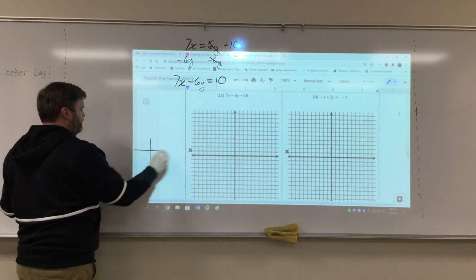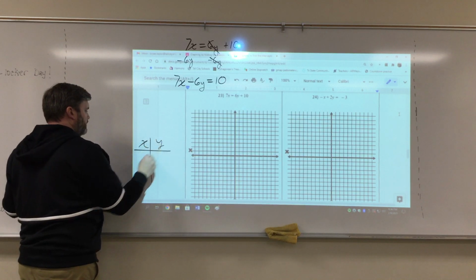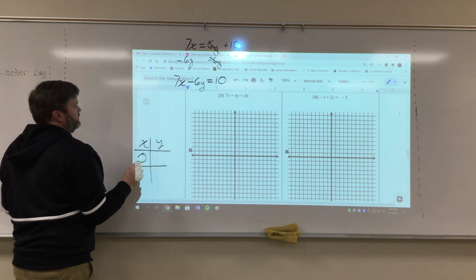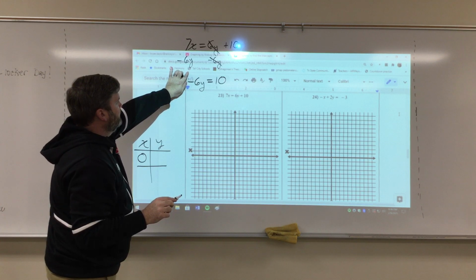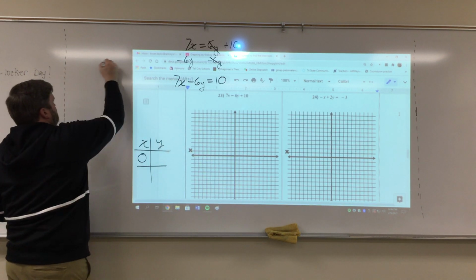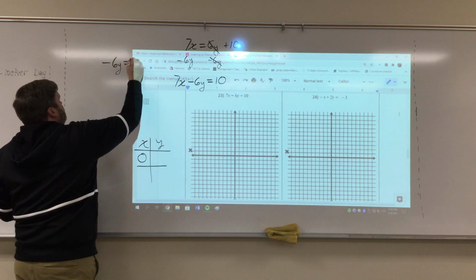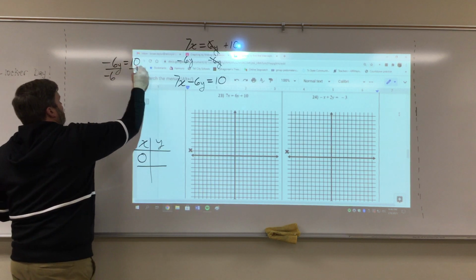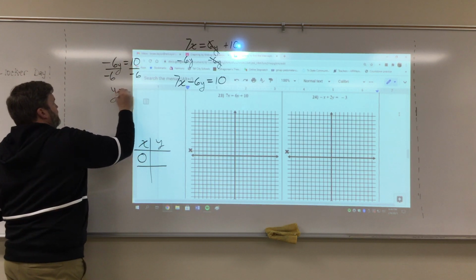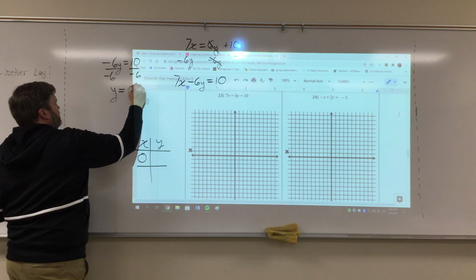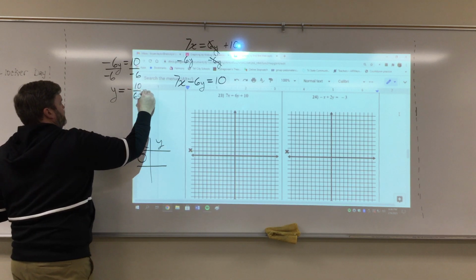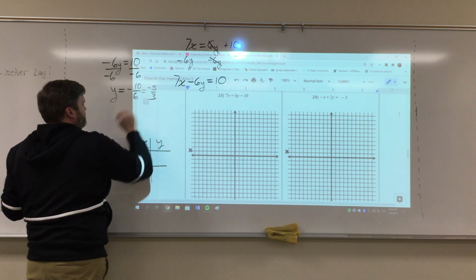So if I make my little t-chart, when x is 0, I'll be left with negative 6y equals 10. Divide both sides by a negative 6. Y will be equal to negative 10 sixths, which reduces to negative 5/3.